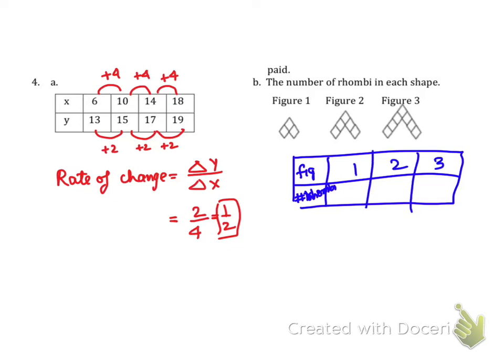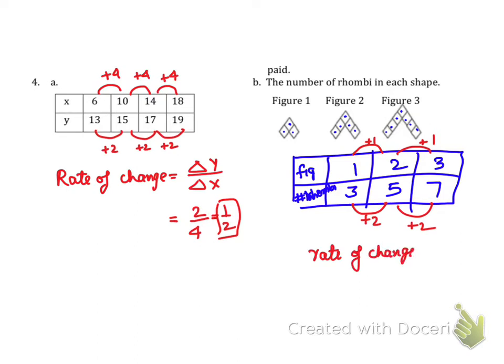The first figure you have 1, 2, 3. Second you have 1, 2, 3, 4, 5. Third is 1, 2, 3, 4, 5, 6, 7. Now you translated the same information in the form of a table, and you have to get the rate of change. I see every time the figure is going up by 1, and here it is going up by 2. And what is the rate of change here?